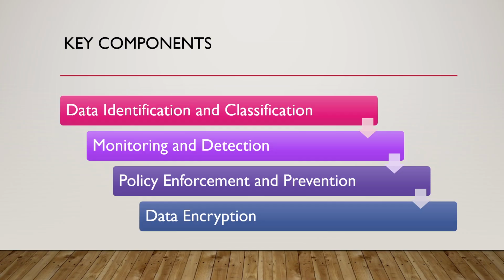And then finally, DLPs normally have data encryption. They normally enforce our data encryption policies to make sure that if data is at rest or even in transit, it is being encrypted and used properly. If for some reason it detects that it's not, then we come back to policy enforcement and prevention. Okay.